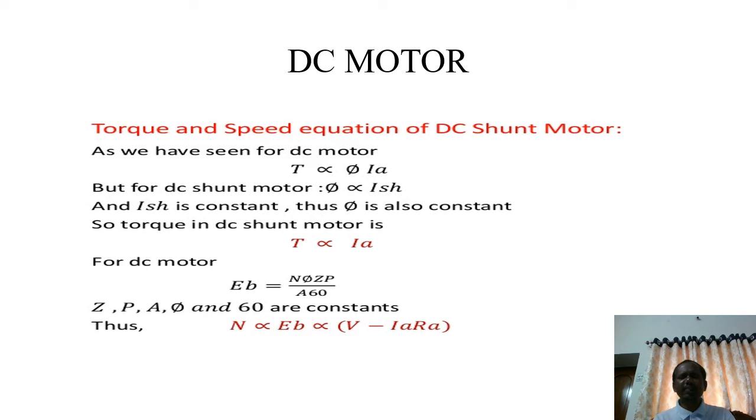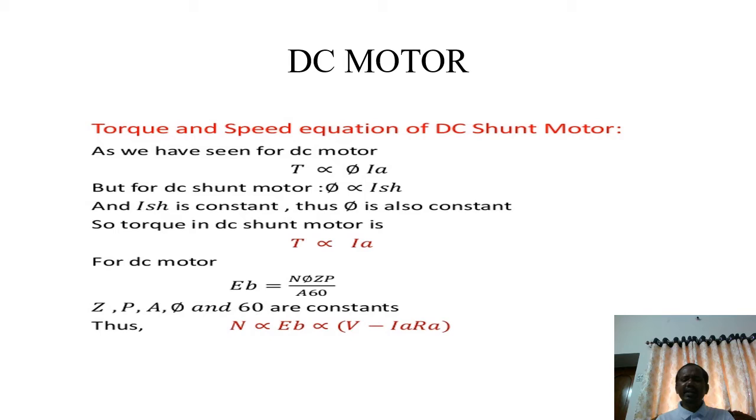Therefore, T is directly proportional to phi Ia. For a shunt motor, when the shunt current passes through the shunt field winding, it produces flux, which is directly proportional to the shunt field current.